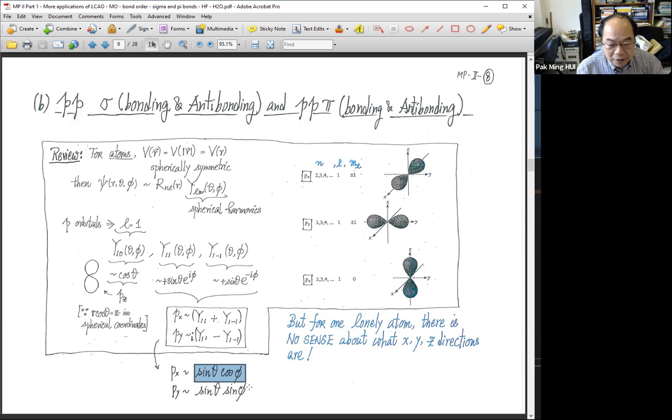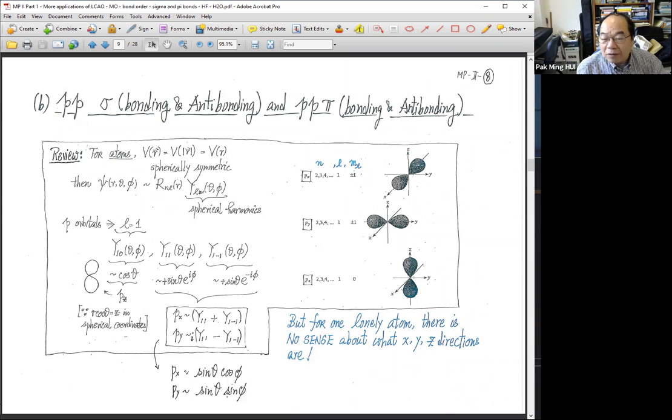In spherical coordinates, this thing points at x. Therefore, this is px. So it is the same shape, but now pointing at x, the dumbbell, okay? Similarly, if you subtract them and multiply by an i, then this thing is real. Sine theta sine phi, it points at y.